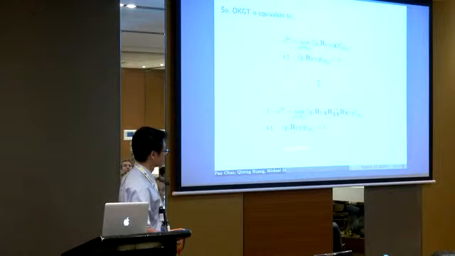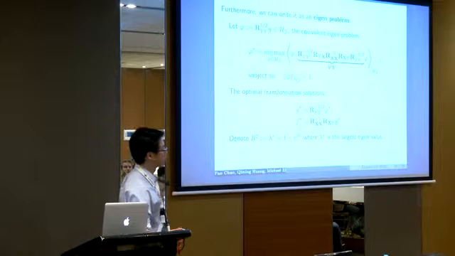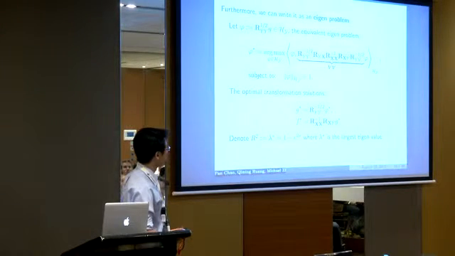This looks like an eigenproblem, but not exactly, because the constraint is not that the norm equals 1. So we do a little trick and define phi to be the square root of the covariance operator RYY times G. Then the constraint becomes norm 1, and this becomes exactly an eigenproblem in the kernel space.